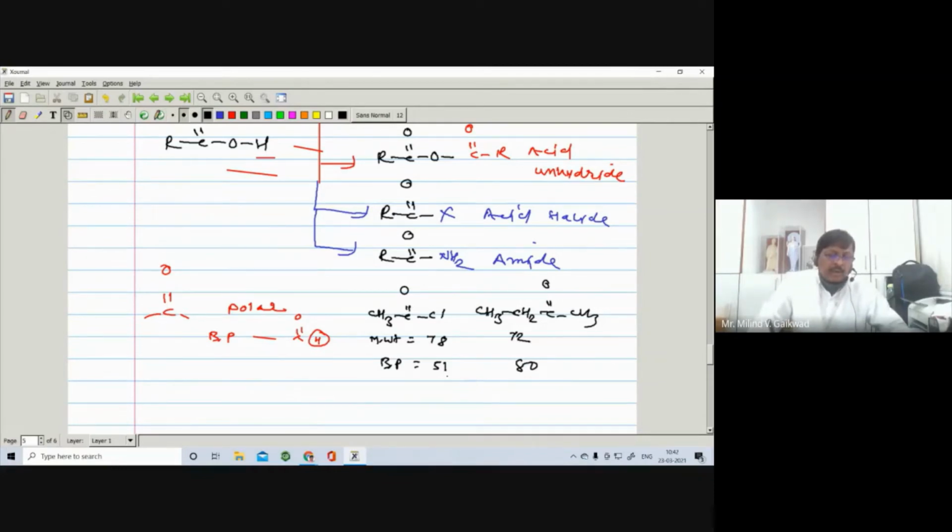Here, the molecular weight is somewhat similar, but the acid halides and anhydrides have a somewhat higher boiling point.